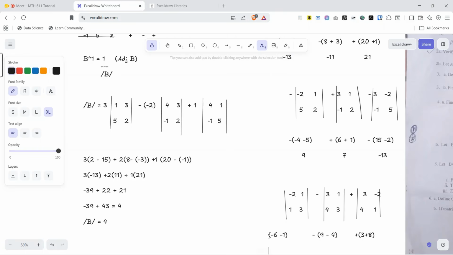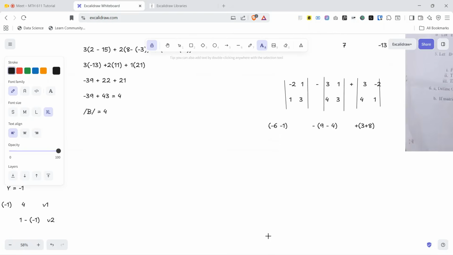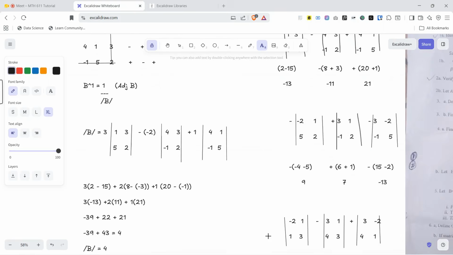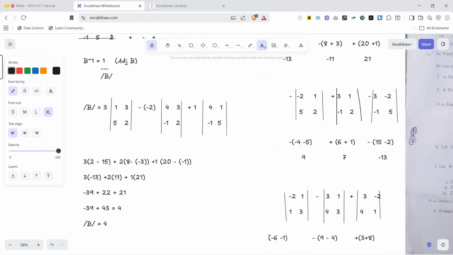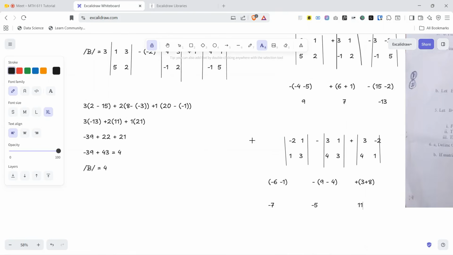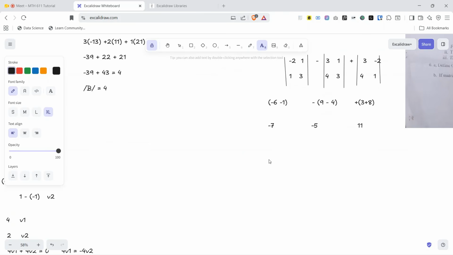So this would give us minus 7, 5 minus 5, and then 11. So this answer we will now use to form a matrix, this matrix that we have here.